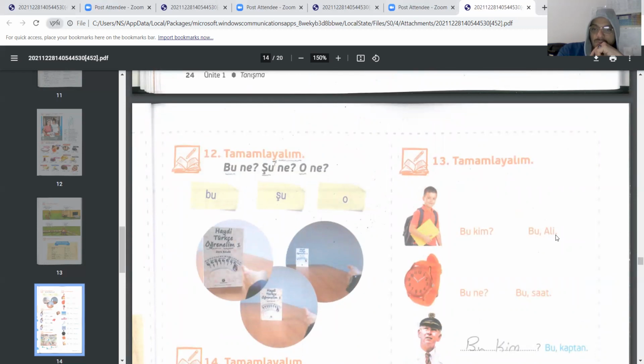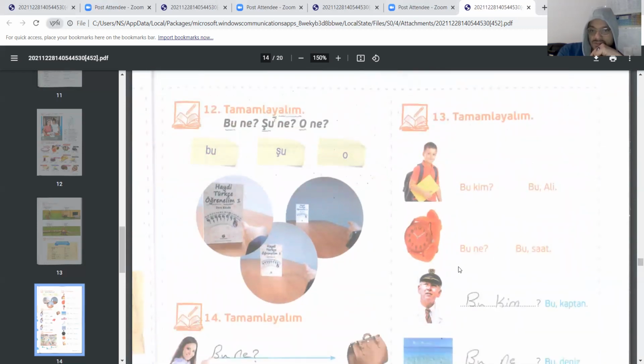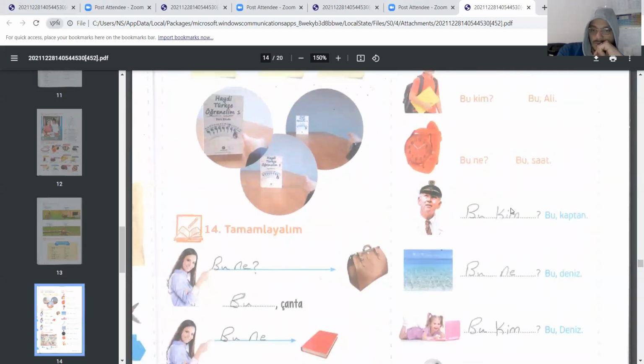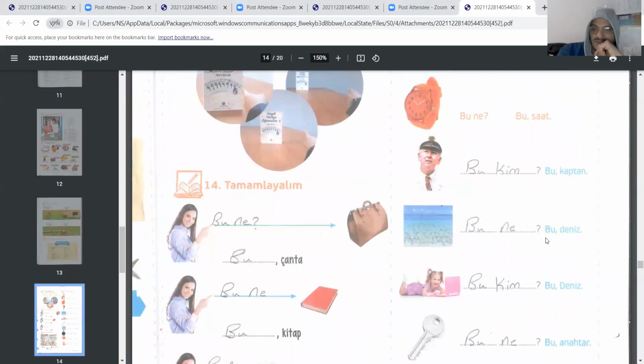Bu kim, bu Ali, bu ne, bu saat. The different situation between these, the boy and the o'clock. Bu kim, bu kaptan, that means leader, or bu ne, bu deniz, sea.